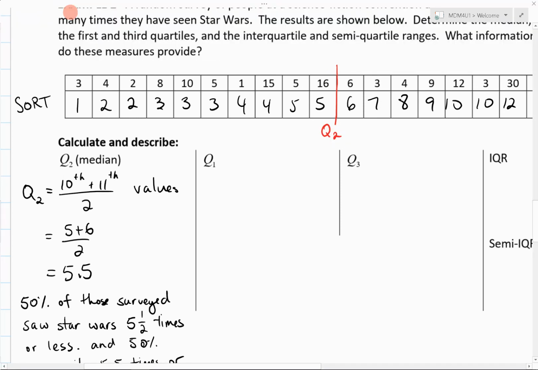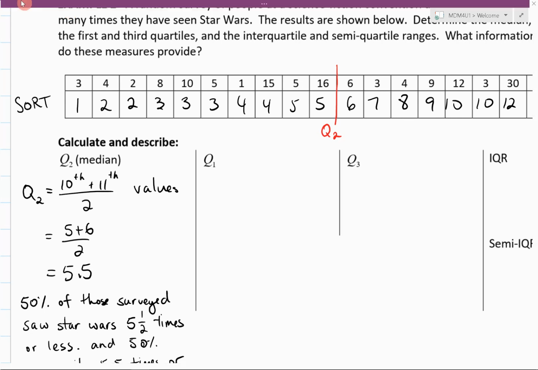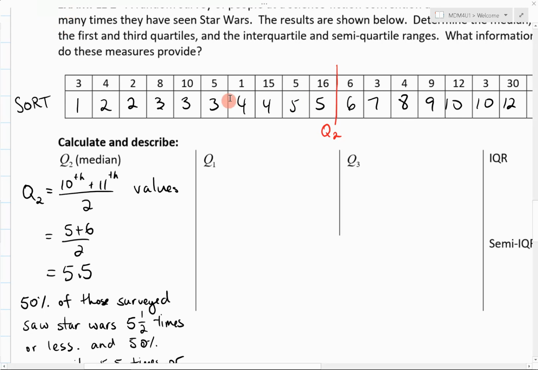Okay, so let's look at our first quartile now. Let's count how many values are below quartile 2. I have 1, 2, 3, 4, 5, 6, 7, 8, 9, 10. Again, I have an even number of values below the second quartile. If I treat this as a data set, I have to take the two middle values. Even though I used this number as part of my median or quartile 2 calculation, I still include it as part of the data set when I consider the first quartile.